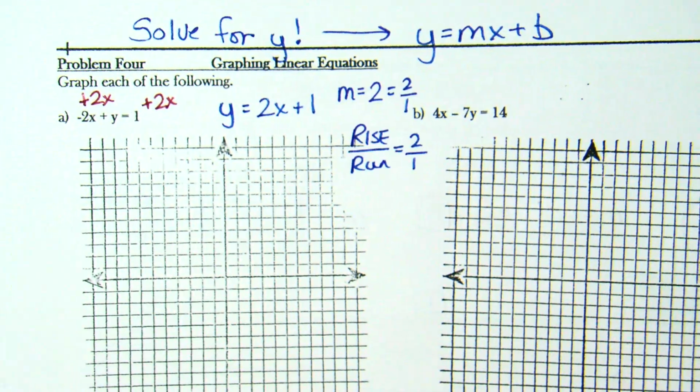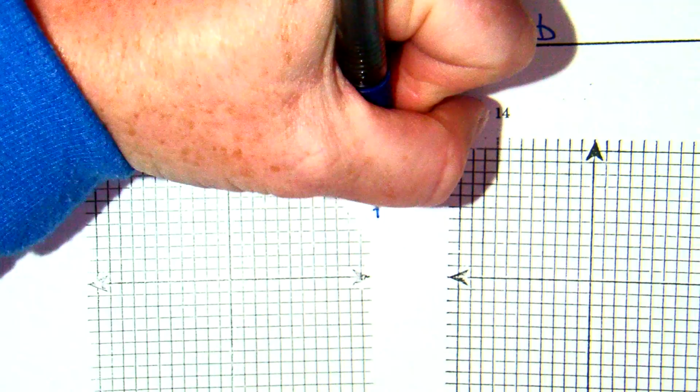Where do I rise 2, run 1 from? So what's my starting point? One, because that is my y-intercept. So you'll always start with your y-intercept first, and then worry about slope.